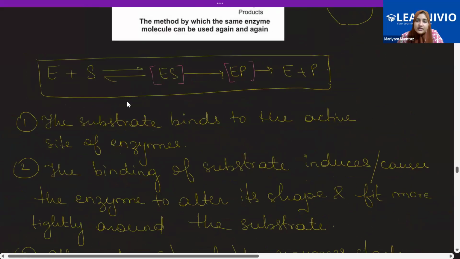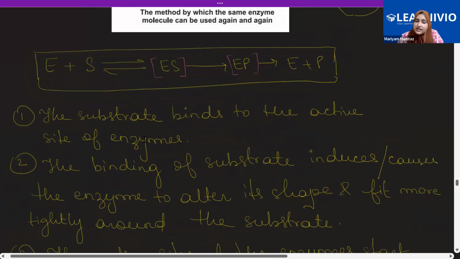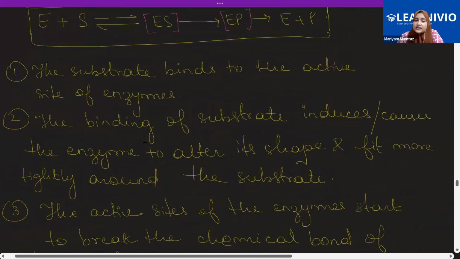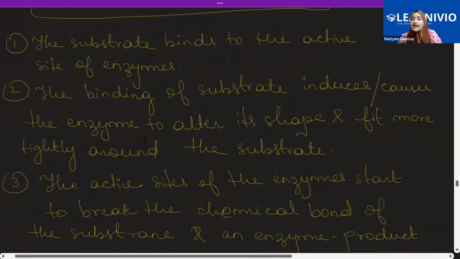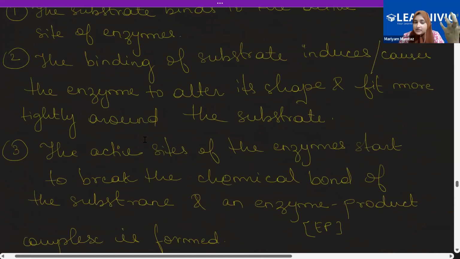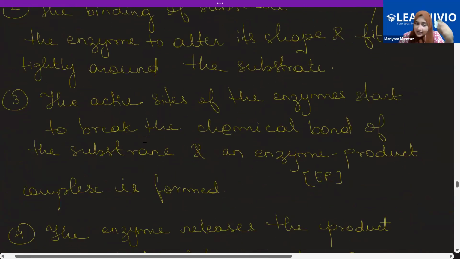Understood? So the substrate binds to the active site of the enzyme. The binding causes a change in the enzyme, and the enzyme fits very tightly around the substrate. Now the active site of the enzyme starts to break the chemical bonds, and then starts to form a different product from the substrate.